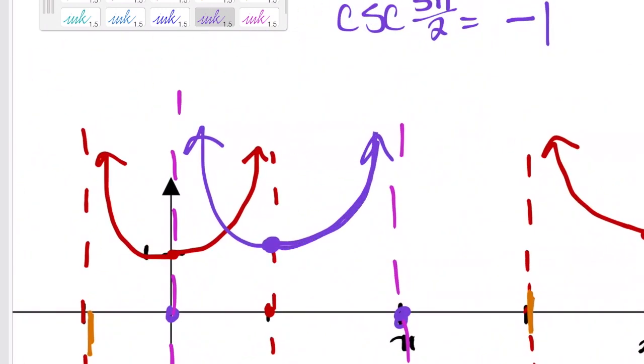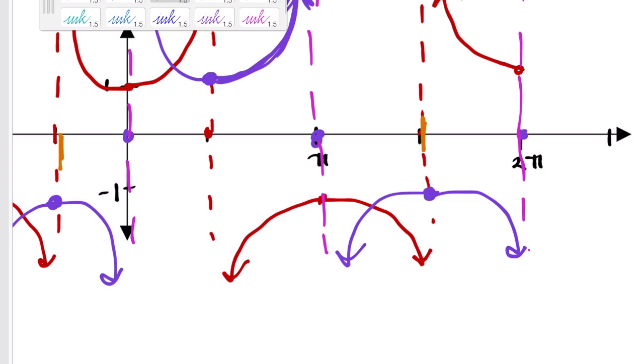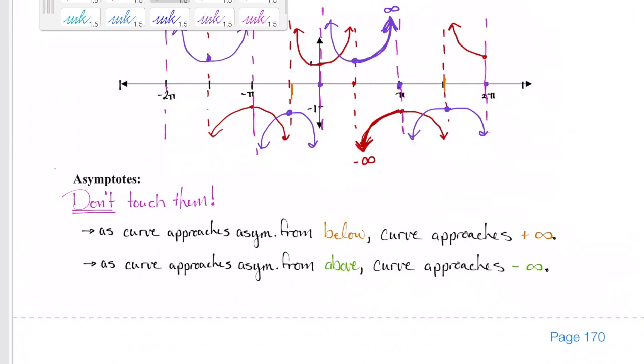So as we're coming up from below, we're going up towards positive infinity. And then the inverse is true as we're going down. So we're approaching from above, we're going down towards negative infinity. So this works anytime you're looking at those asymptotes.